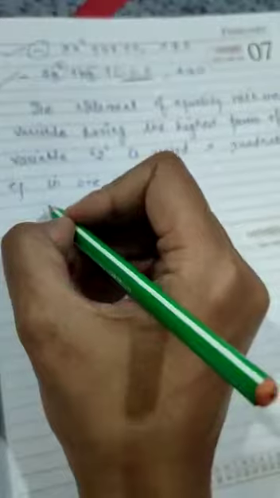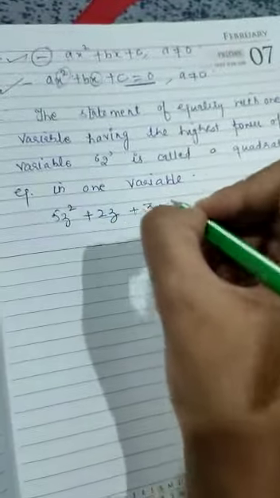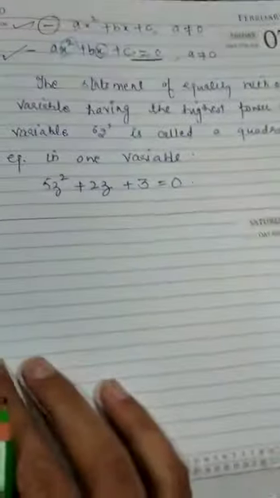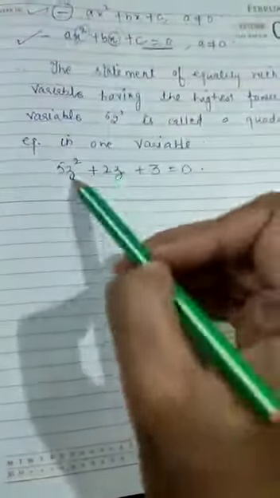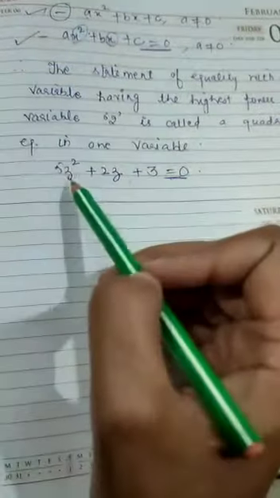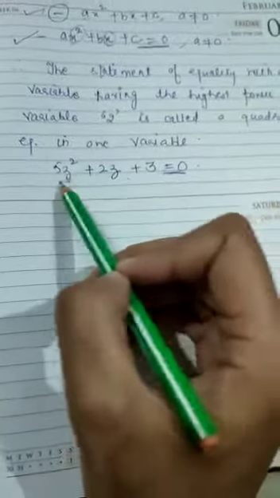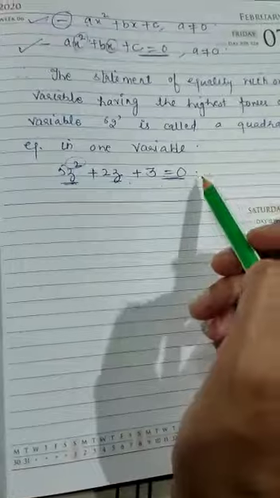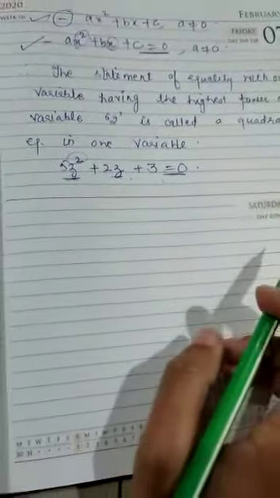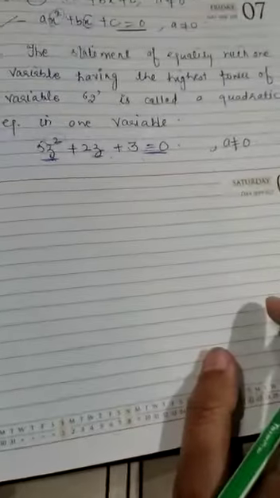Suppose I write 5z square plus 2z plus 3 equals to 0. Again this is a quadratic equation. The statement of equality with one variable, and the variable is z, with the highest power of that particular variable being 2, is called the quadratic equation in one variable, and here a is not equals to 0.